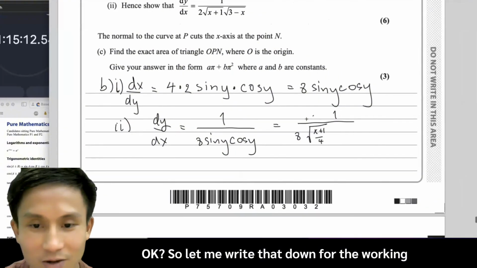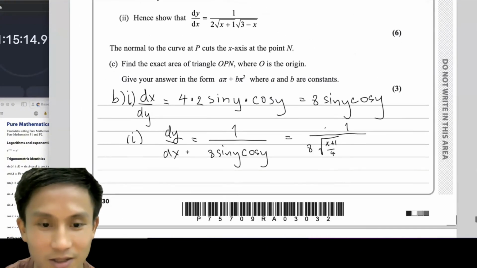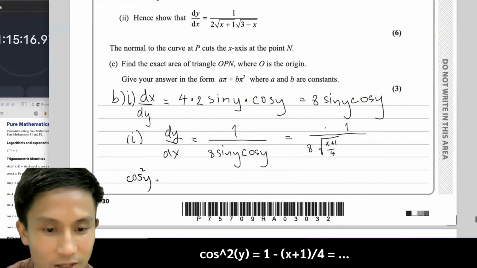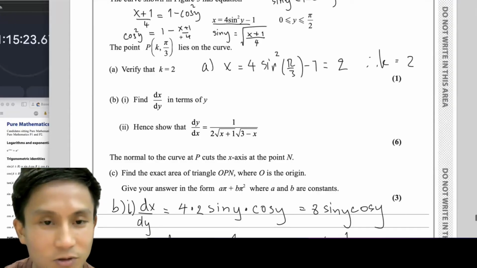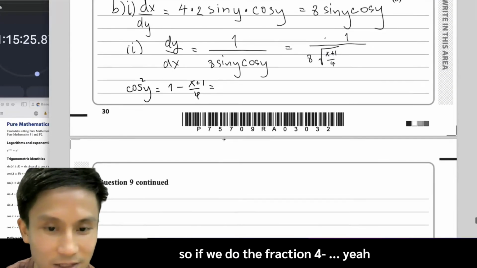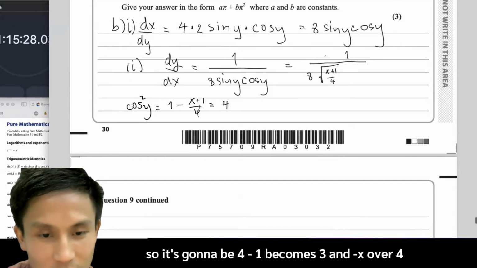Let me write that down for the working. Cos squared y equals 1 minus (x plus 1) over 4, which equals, if we do the fraction, 4 minus 1 becomes 3, minus x, over 4.